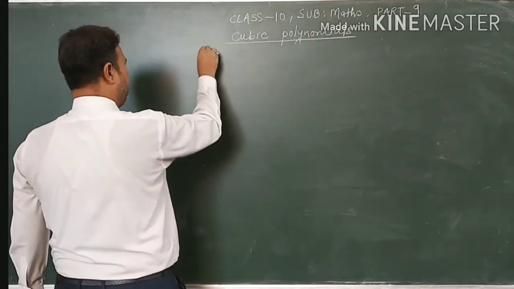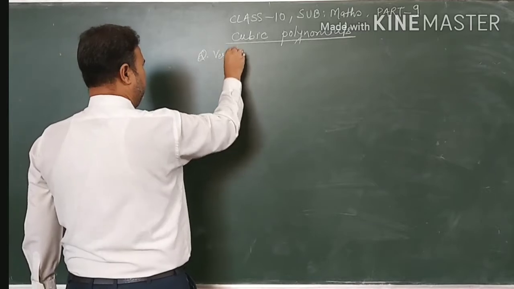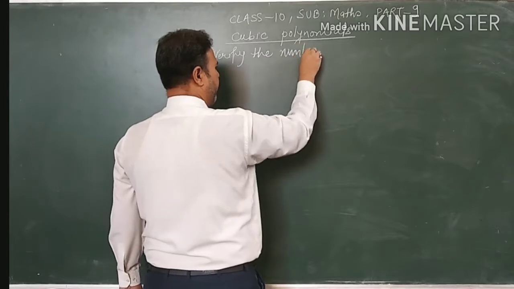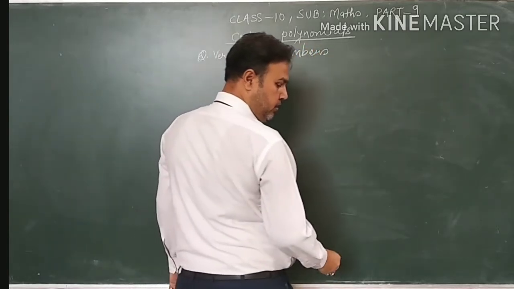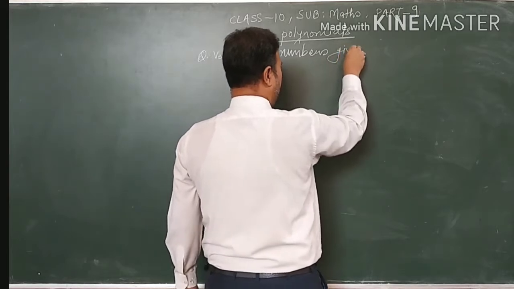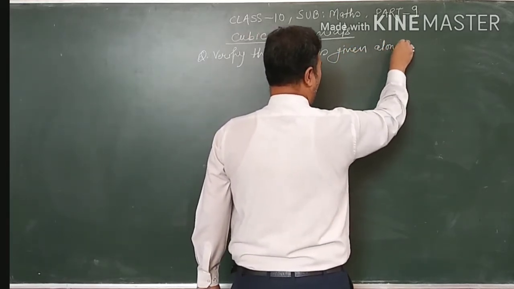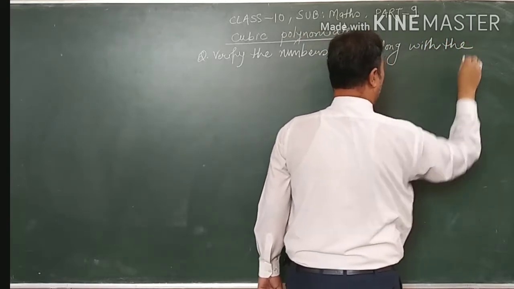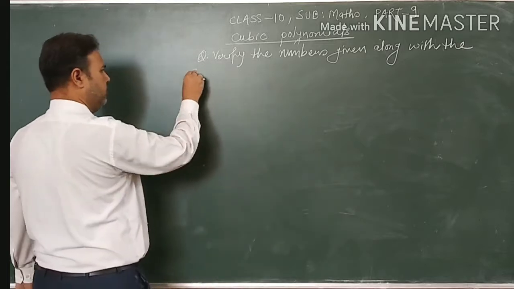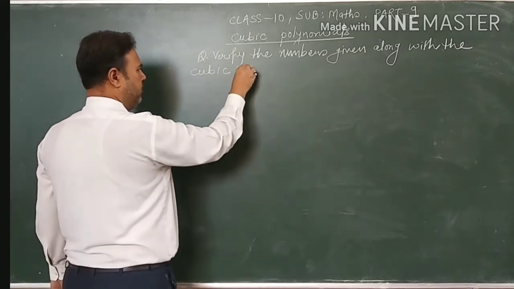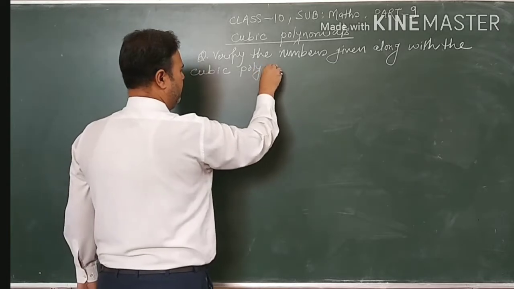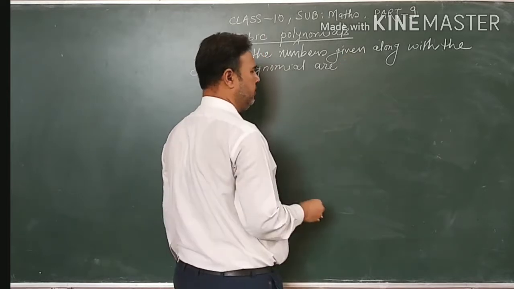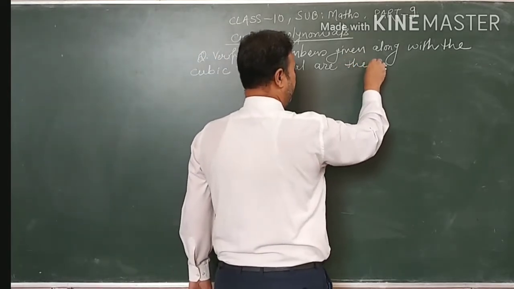Verify the numbers given along with the cubic polynomial are their zeros.